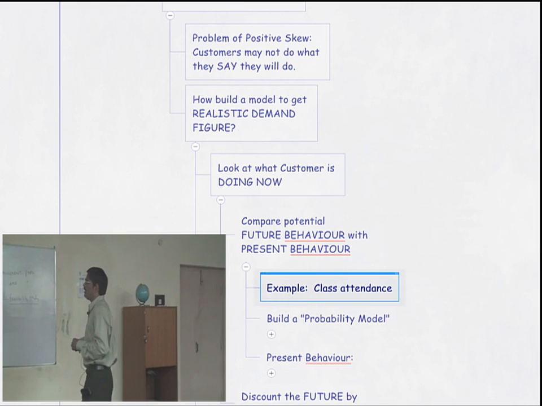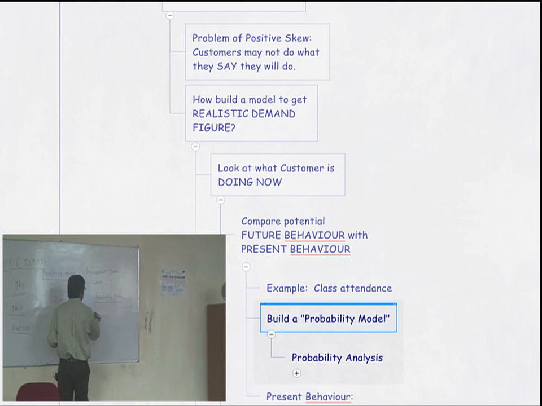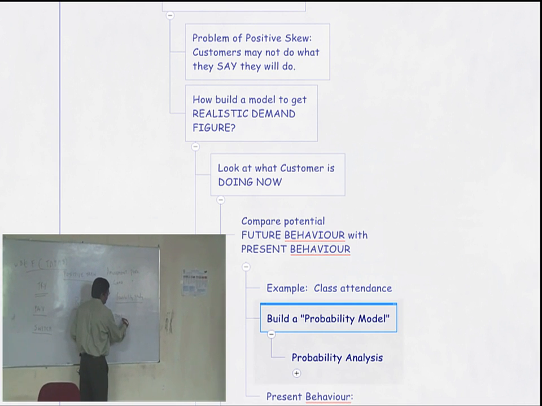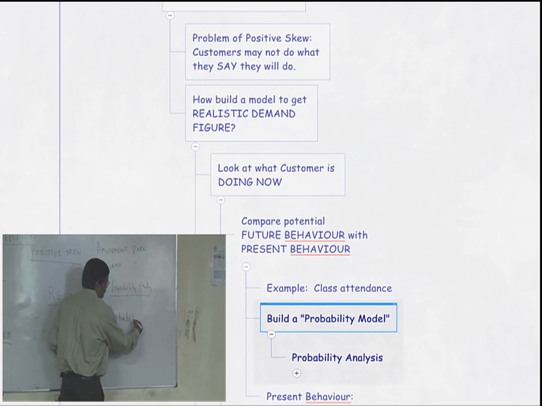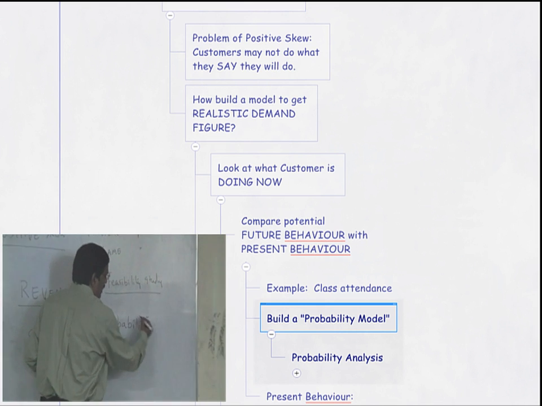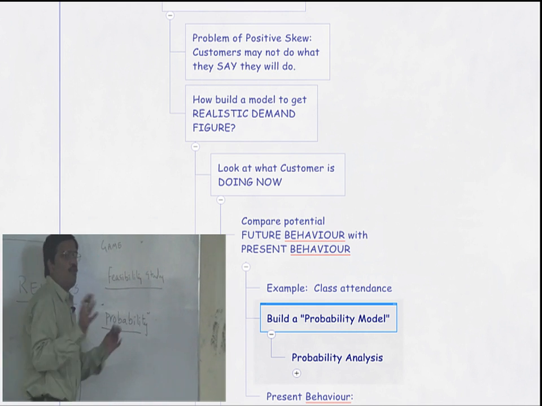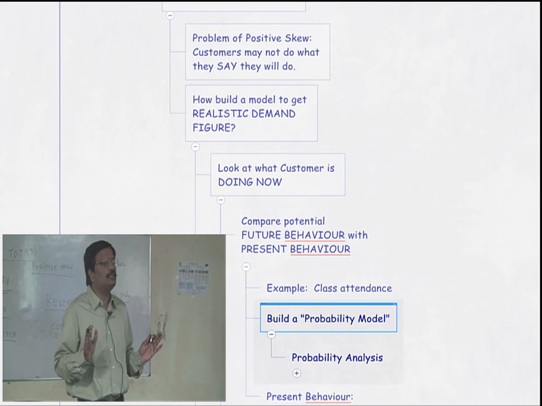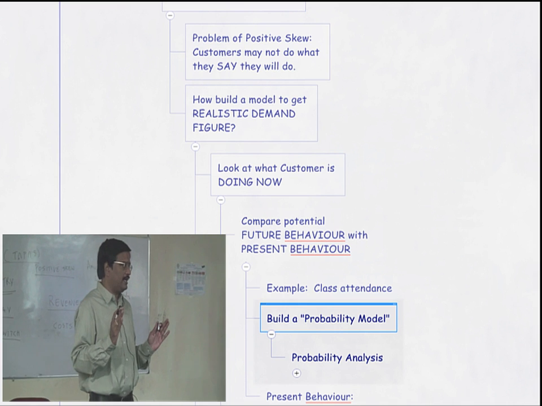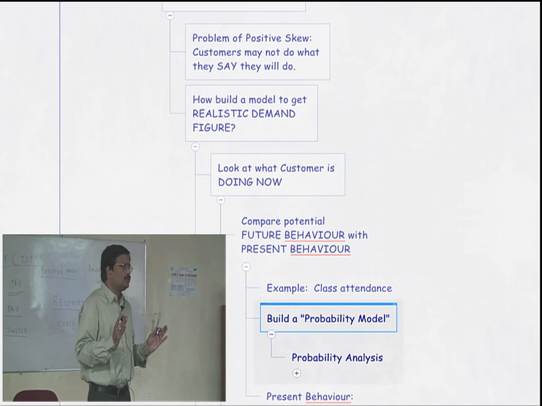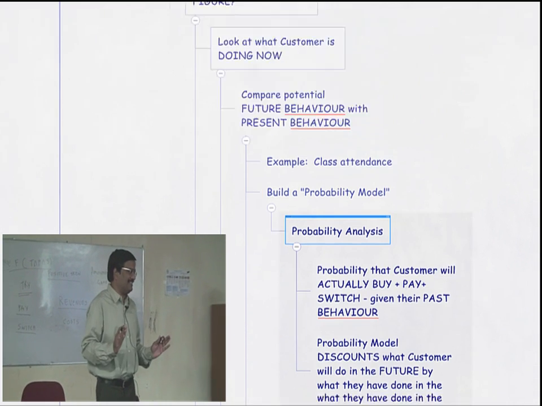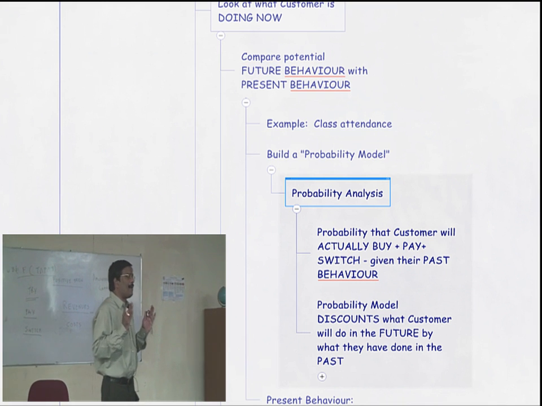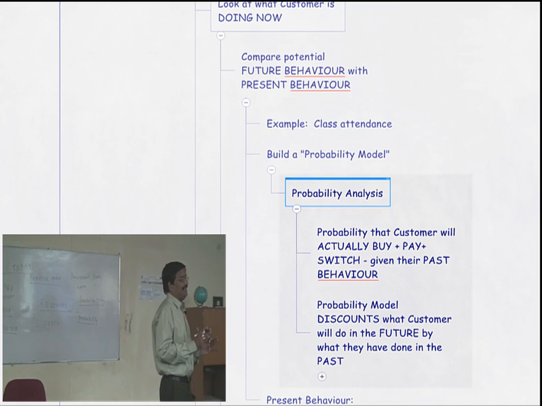So we are actually building what is called a probability model. Because till you launch the product, you won't know whether he will buy or not buy. So I can only do a probability analysis. What is the probability that he will actually buy?